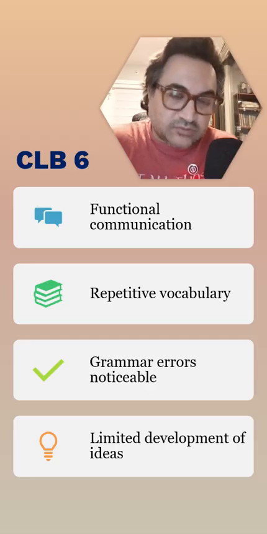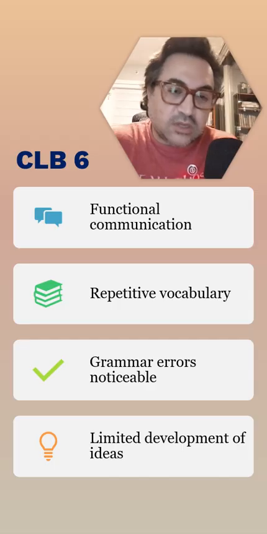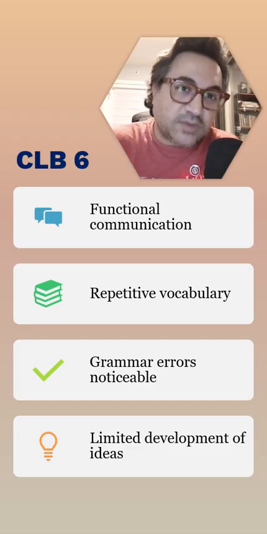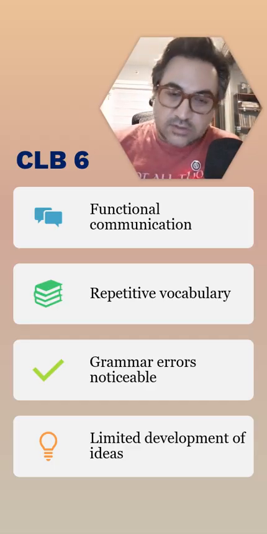But vocabulary is repetitive. There isn't an acceptable or satisfactory range there. And there are noticeable grammar errors. The development of ideas is also limited. This is something that people don't really pay attention to, but it's important.